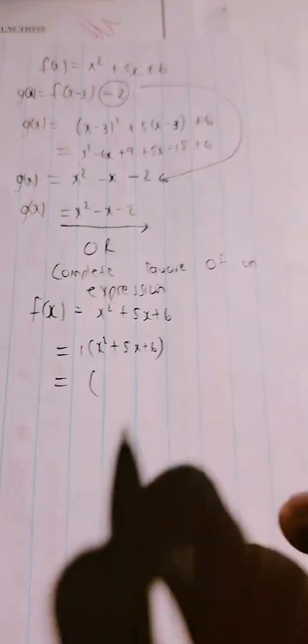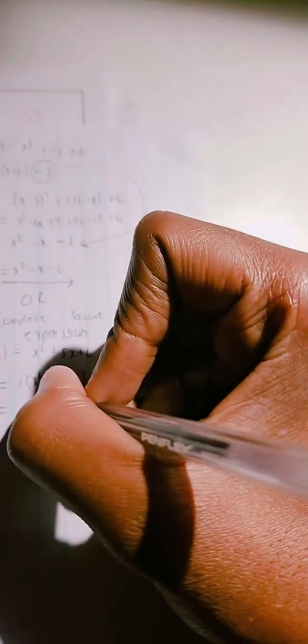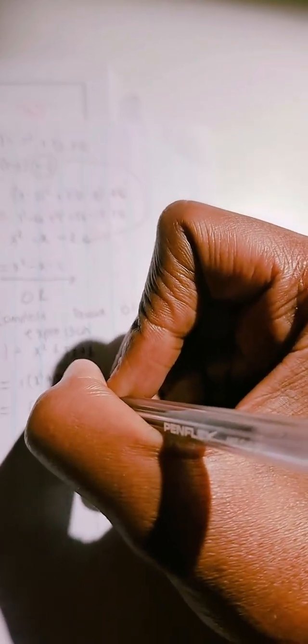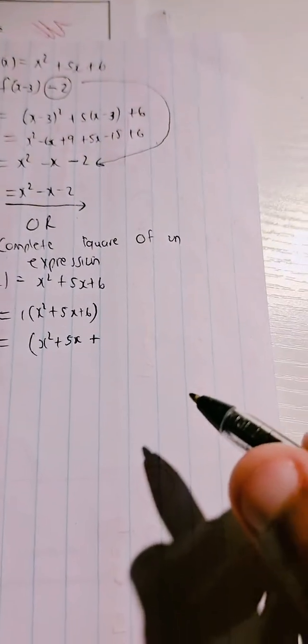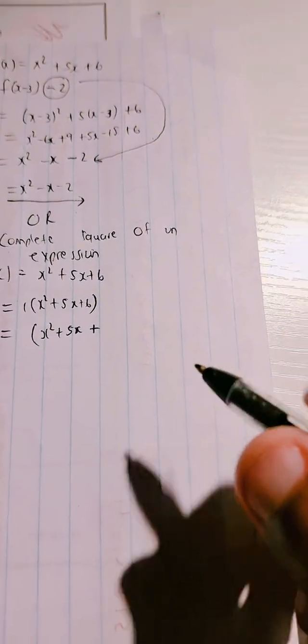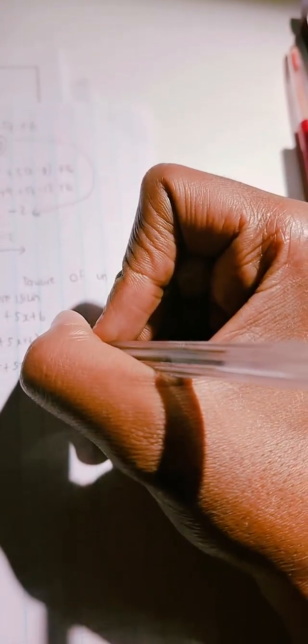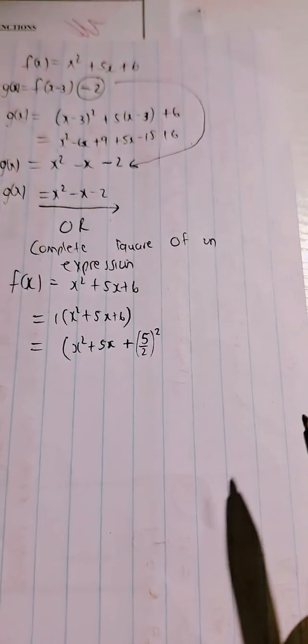Then, the x squared plus 5x, what you do is you say x squared plus 5x, you add what? 5 over 2, and then you square it.